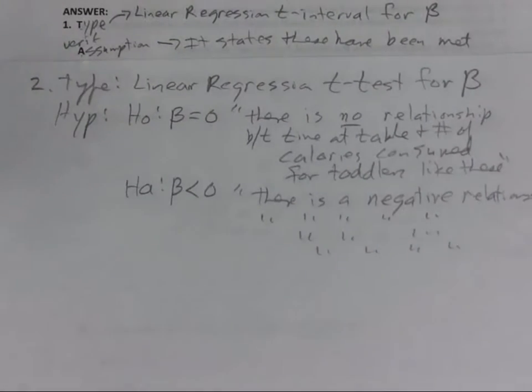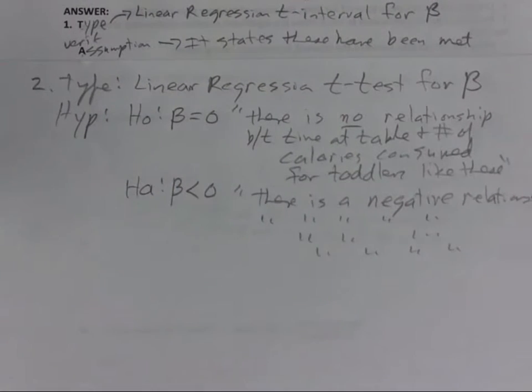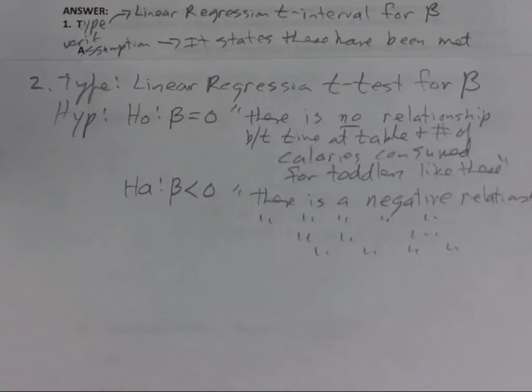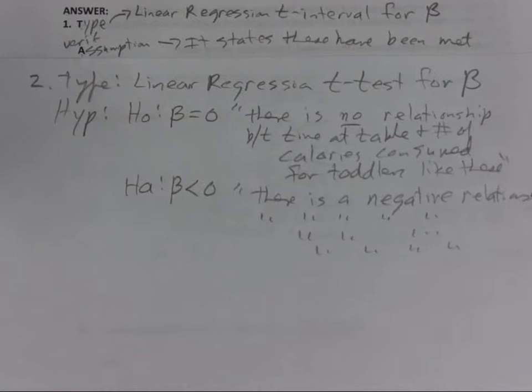And so your null hypothesis is always going to be beta is equal to 0, no relationship. And the alternative is that there is a relationship. And of course, it's dependent. If it had said we want to test if it's positive, you go greater than. But if it just said difference, or if it just said we want to see if there is a relationship, then you would go with a two-sided test not equal to.